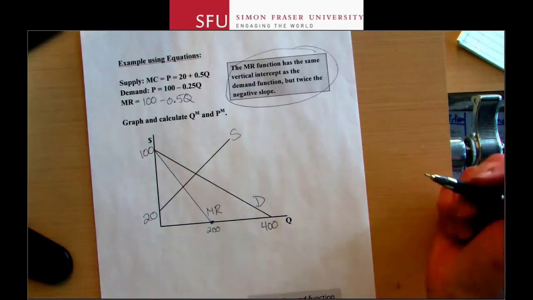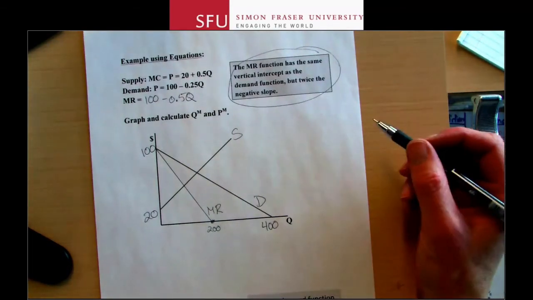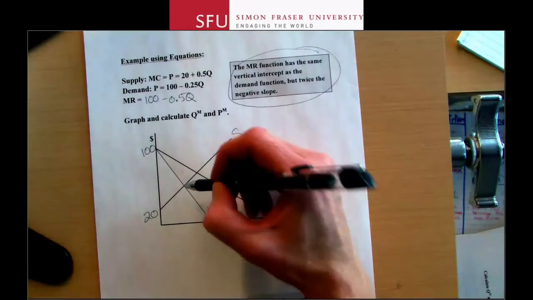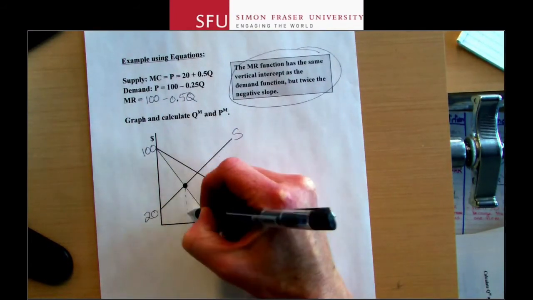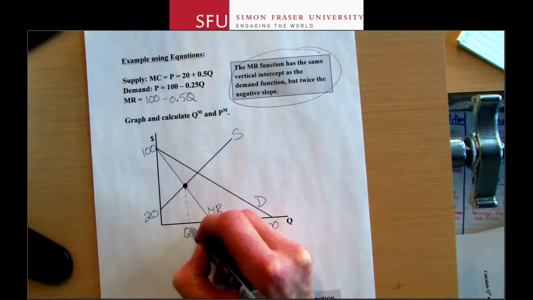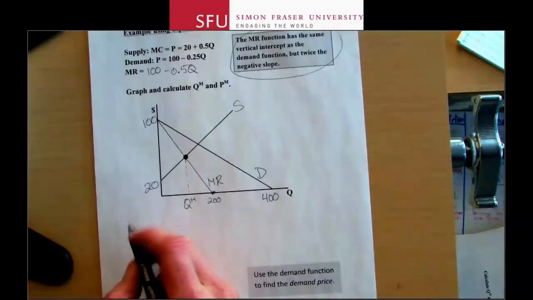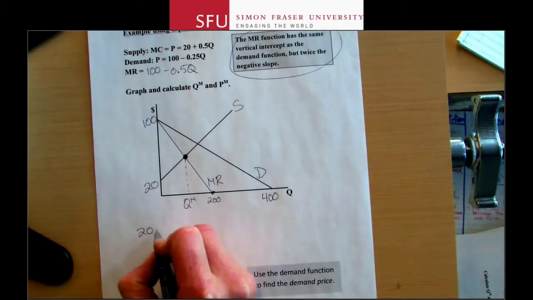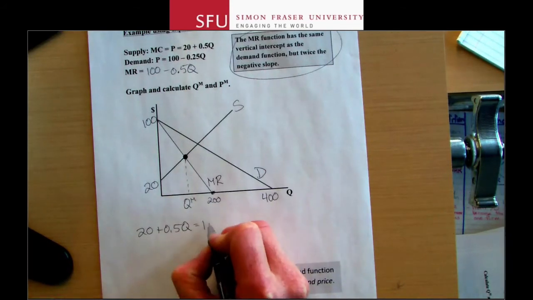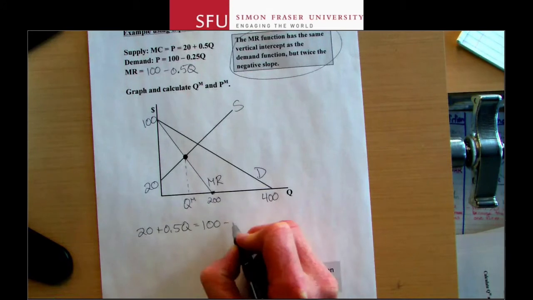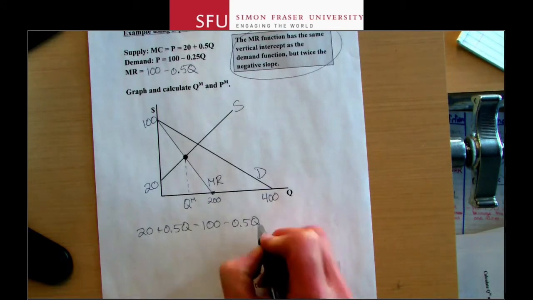Okay, so the monopolist chooses the equilibrium between marginal cost and marginal revenue. So this quantity here is what we're looking for. We'll do that first. All right, so marginal cost equals marginal revenue, 100 minus 0.5Q.